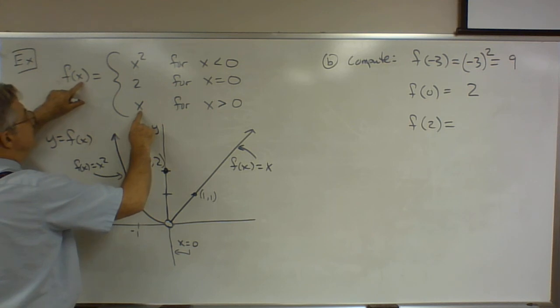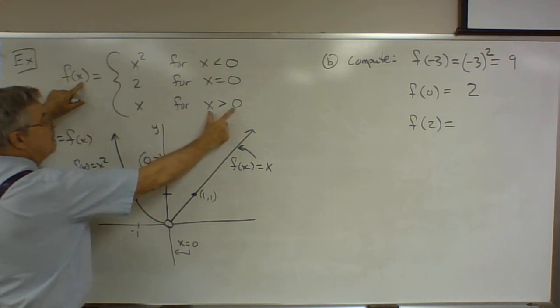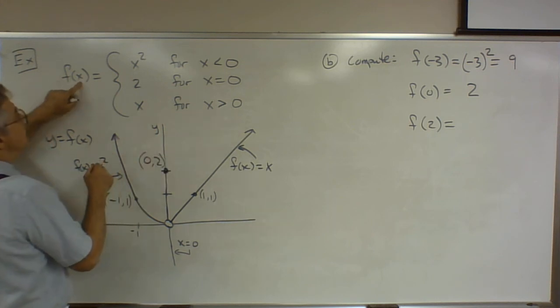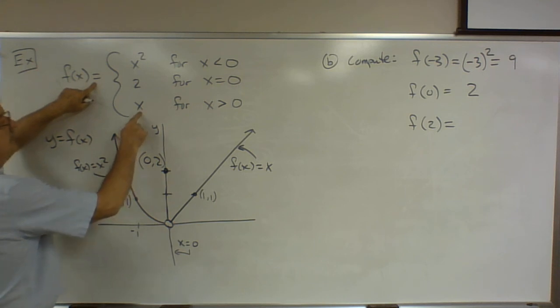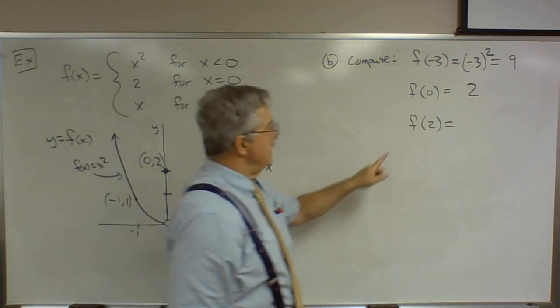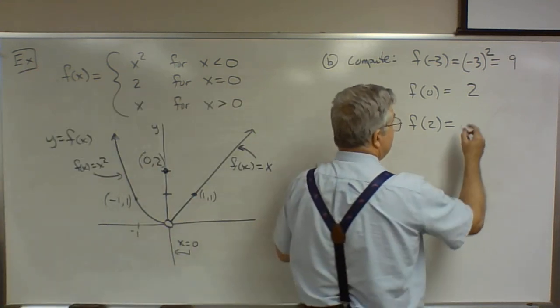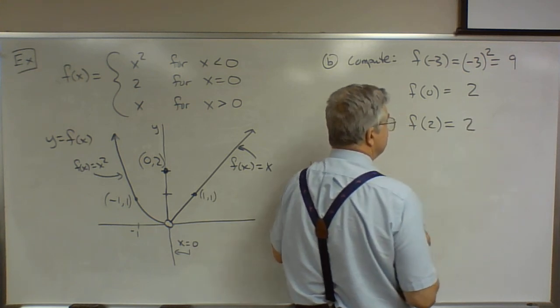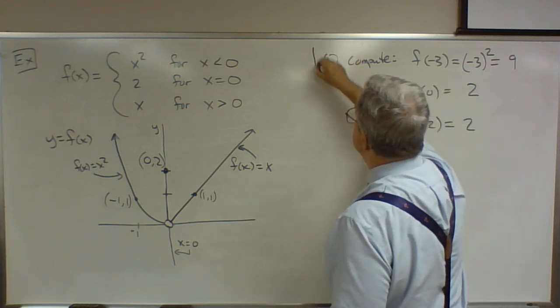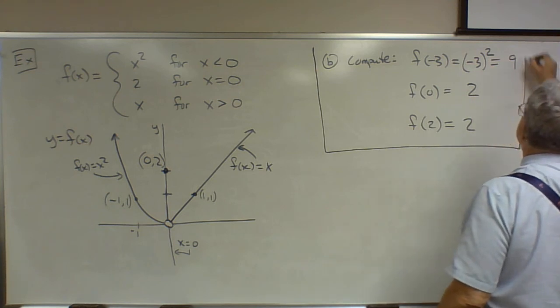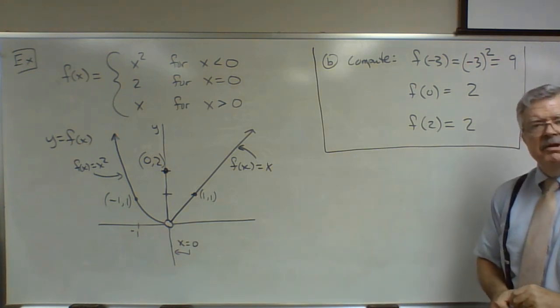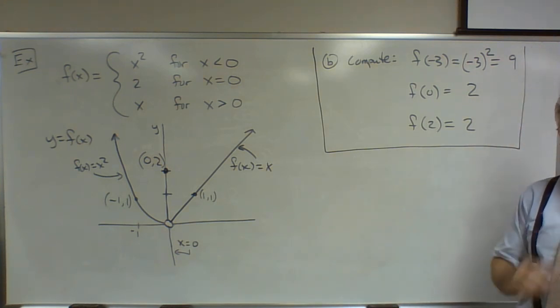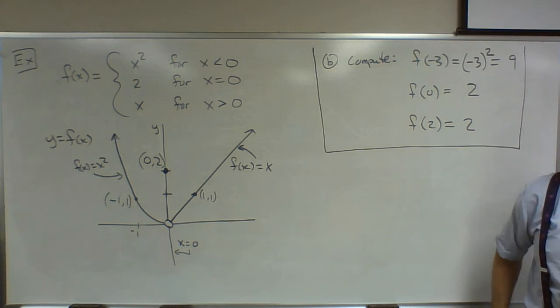And this definition tells us when x is greater than 0, f of x equals x. So f of 2 is going to equal 2. And bravo! We've milked this example for all that it's worth.